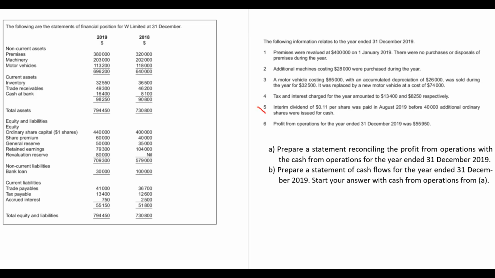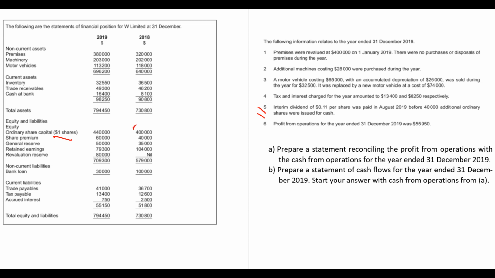The next thing that we will look at is the interim dividend. The nominal value for each share is $1. That means we had 400,000 shares at the beginning of the year and 440,000 shares at the end of the year. He says that interim dividend of $0.11 per share was paid in August 2019 before 40,000 additional ordinary shares were issued.